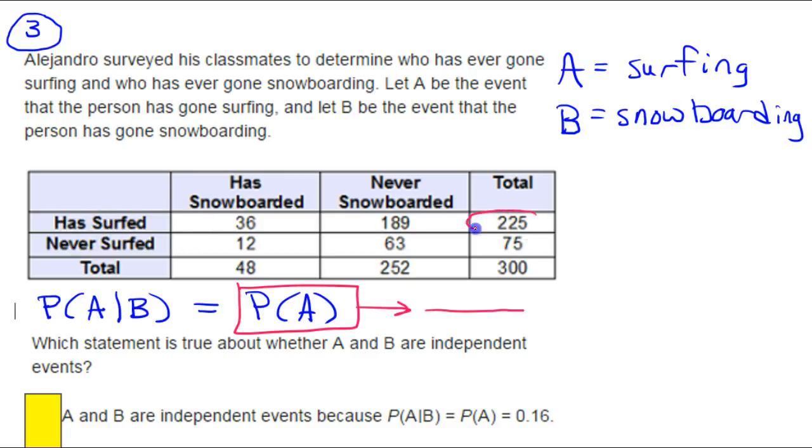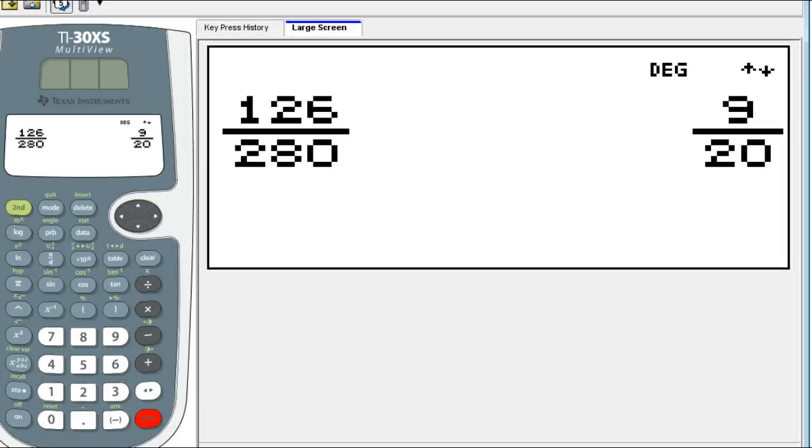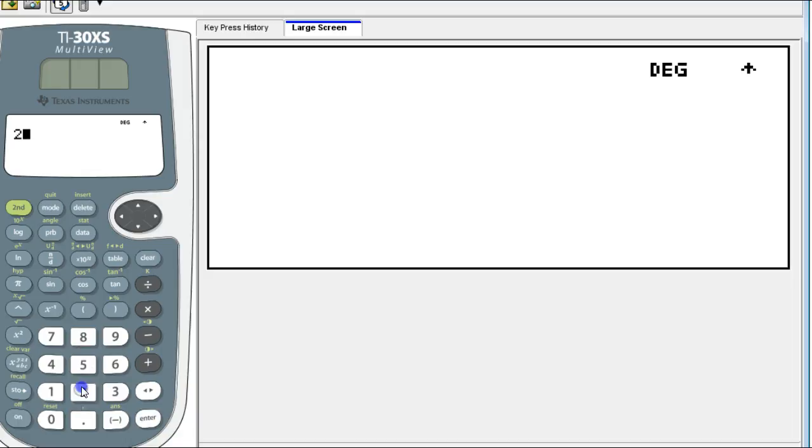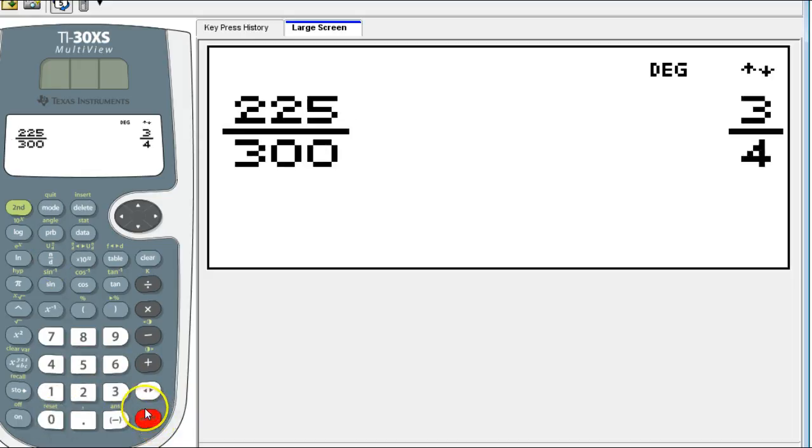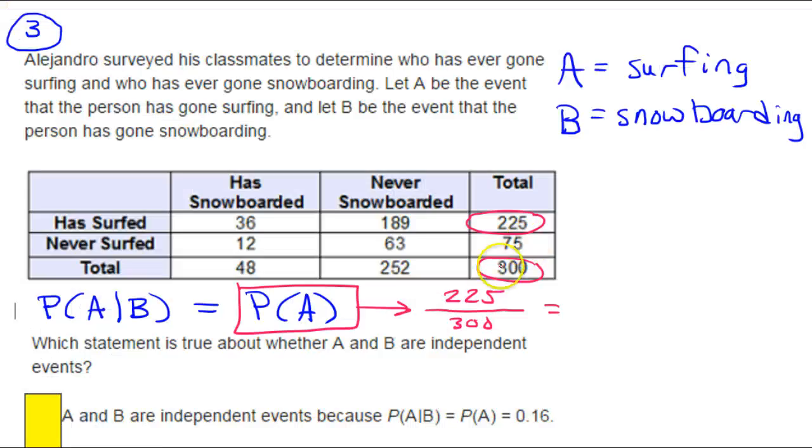That's 225 people who have surfed, out of a total of 300 people altogether. All right, that's 3/4.